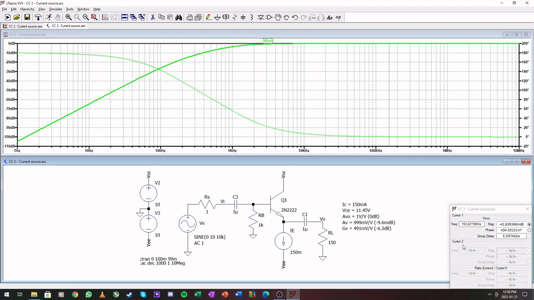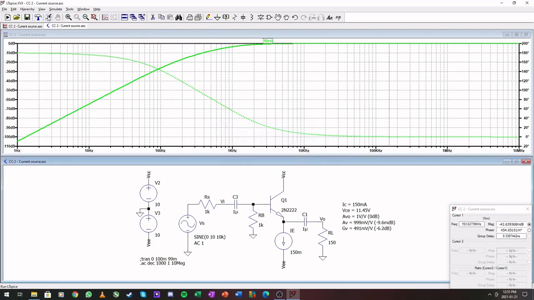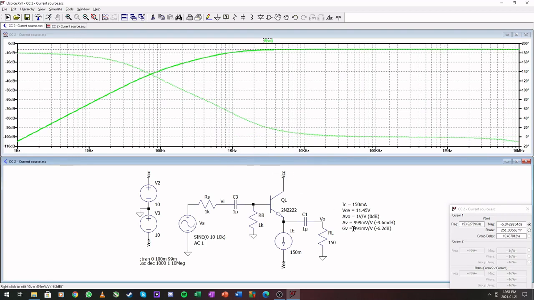Not that -42 millidecibels matters. And this was, I think, 1K, or was it 560? Oh, doesn't matter. It was 1K.